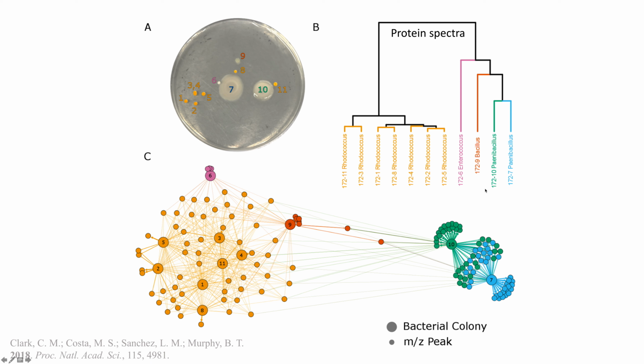Yet, when you look at these two Penibacillus strains that are indistinguishable on a plate, and they have greater than 99% 16S similarity, of course there's an overlapping natural product population, but there are also unique nodes, right, that are unique to one colony over another.